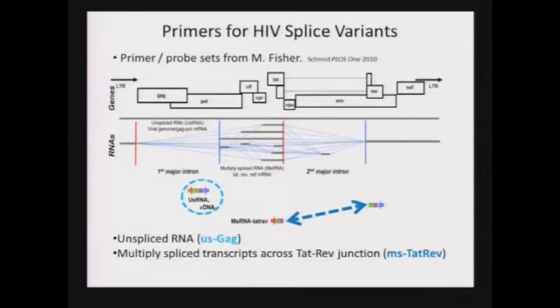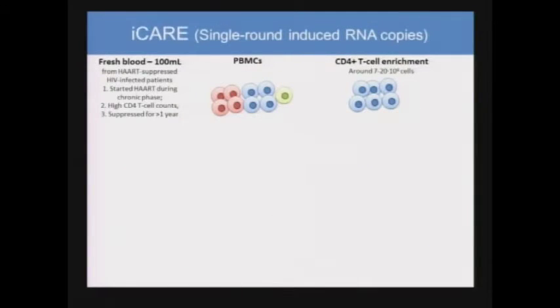We did also look at what's been called the poly-A RNA primer set that has been described by the Siliciano group that targets the 3' LTR into the poly-A region so that it specifically picks up all HIV transcripts. That gives slightly better sensitivity than the GAG assay, but is somewhat more difficult to interpret and can't be multiplexed. So I'm not actually going to show you those data, but we did do comparison studies.